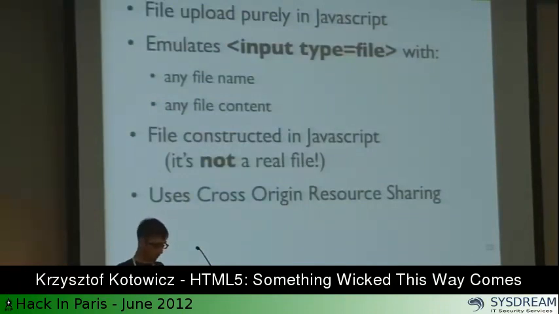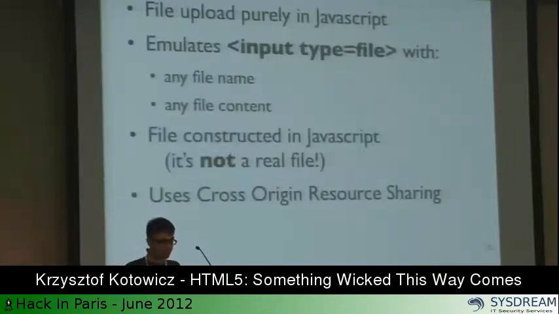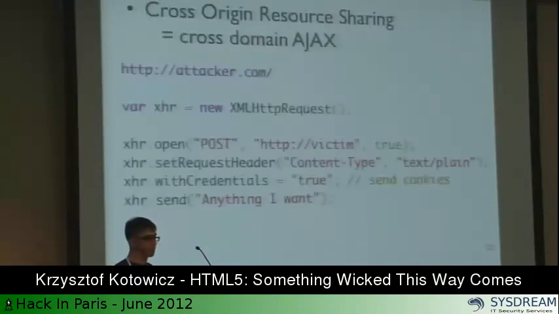So, for example, I can inject with JavaScript this little image without even touching Bob's hard drive. The silent file upload uses yet another HTML5 feature called cross-origin resource sharing. And cross-origin resource sharing, to put it shortly, is just a cross-domain AJAX, so a technique that is used for years to create responsive web applications.